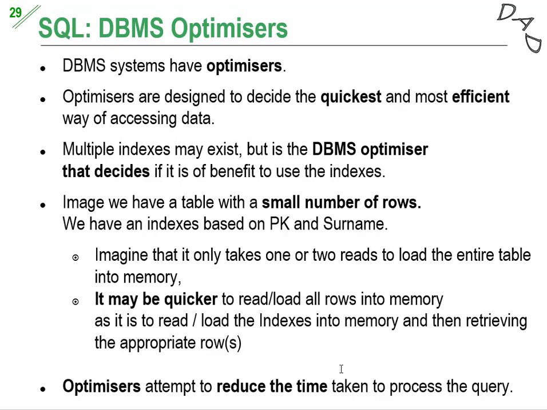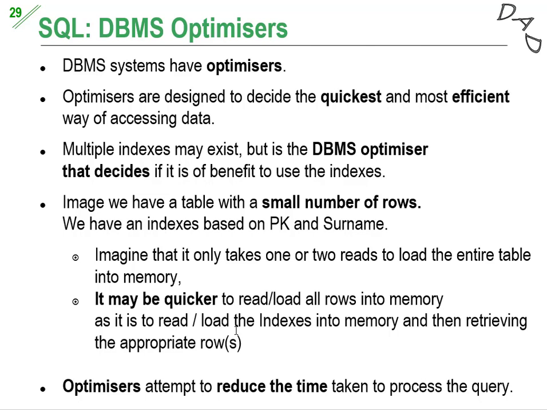Nowadays database management systems are very intelligent. They have functionality called optimizers, which can determine when to use an index and when not to. When you install a database management system, database administrators can program when to use indexes.